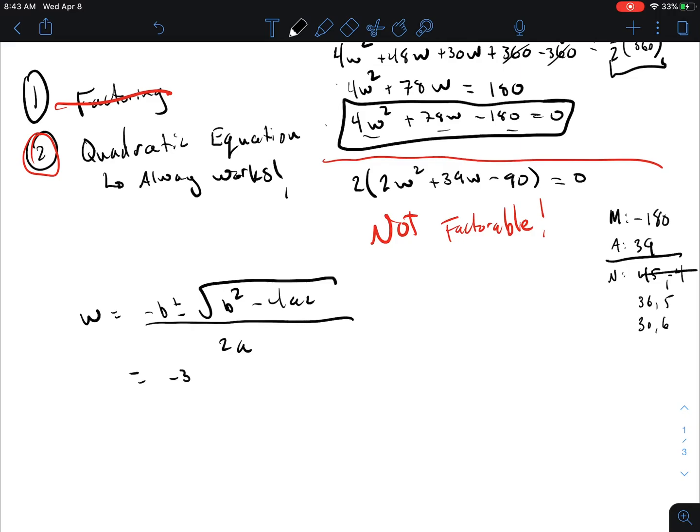So I'm just going to plug in, okay, negative 39 plus or minus the square root of 39 squared, minus 4 multiplied by 2 multiplied by negative 90.